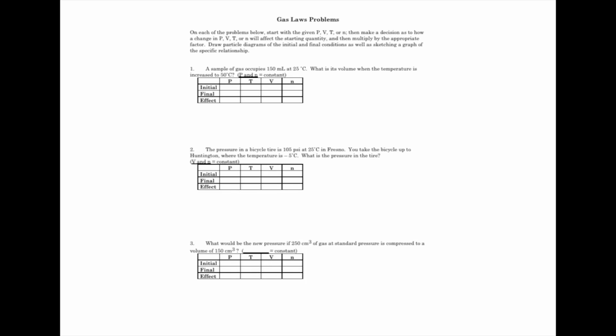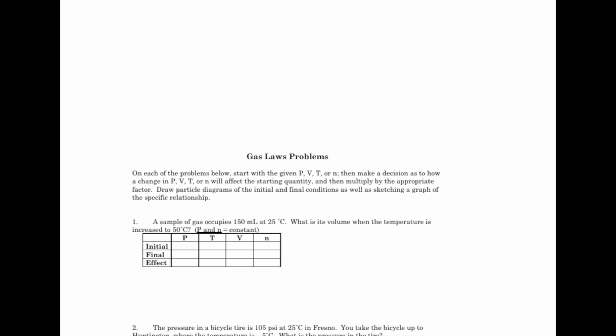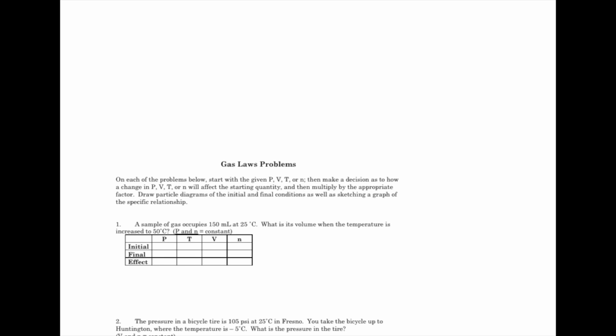All right. So now let's look at how we can use this information to make some predictions about gases. So, I'm going to give you right up top here the procedure that I'm going to use in handling these problems. On each of the problems below, start with the given pressure, volume, temperature, or number of particles.